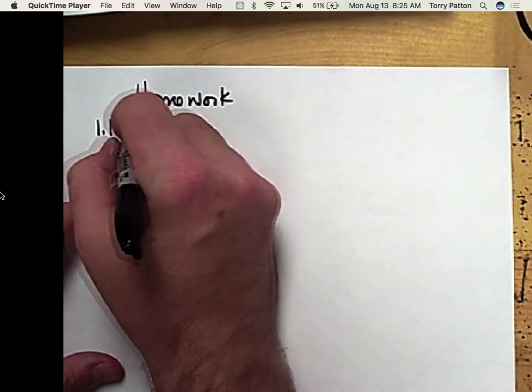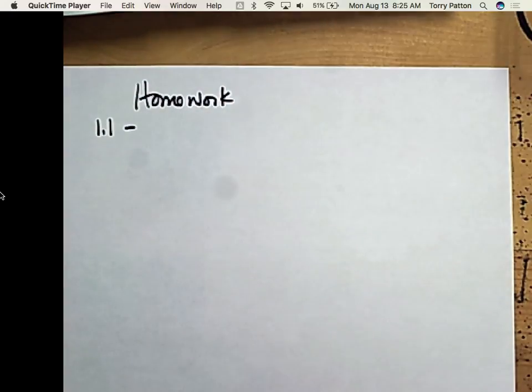We just covered two sections, by the way, 1-1 and 1-2. So from 1-1, the homework starts on page 9.